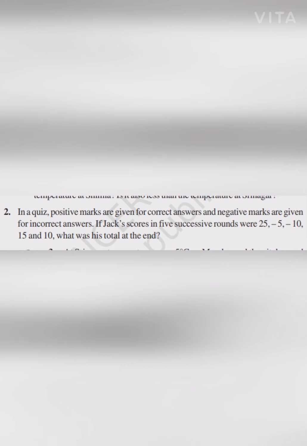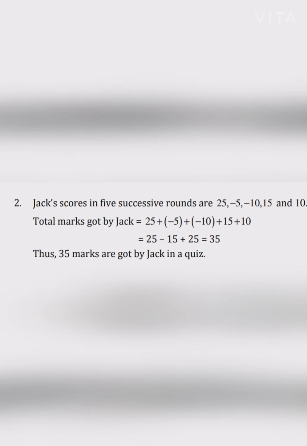So the marks are given, we can add them. Jack's scores in 5 successive rounds were 25, minus 5, minus 10, 15 and 10. Total marks got by Jack will be 25 plus minus 5 plus minus 10 plus 15 plus 10.